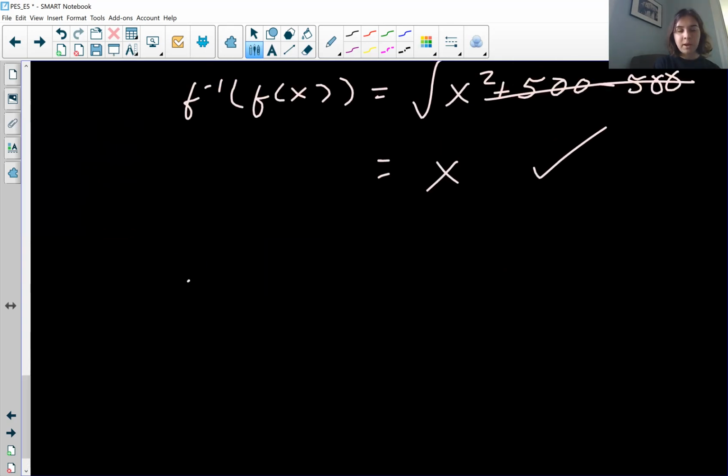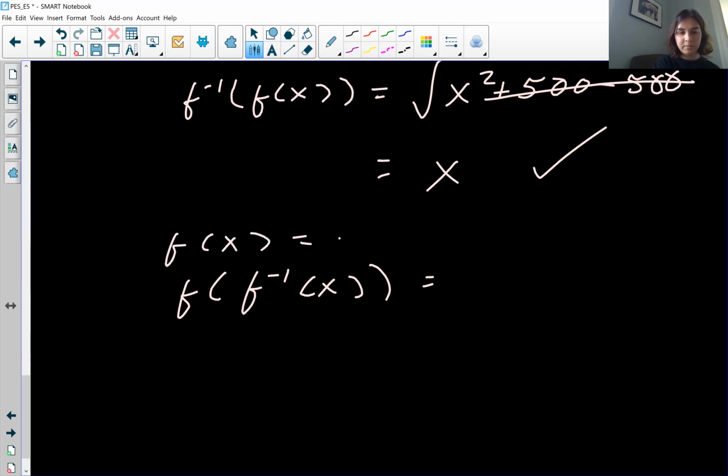Finally, let's do it the other way. We're going to do f of f inverse of x. It's a lot. Okay. And then so, well, first of all, f of x was x squared plus 500. So everywhere I see x, I'm going to plug in the inverse.